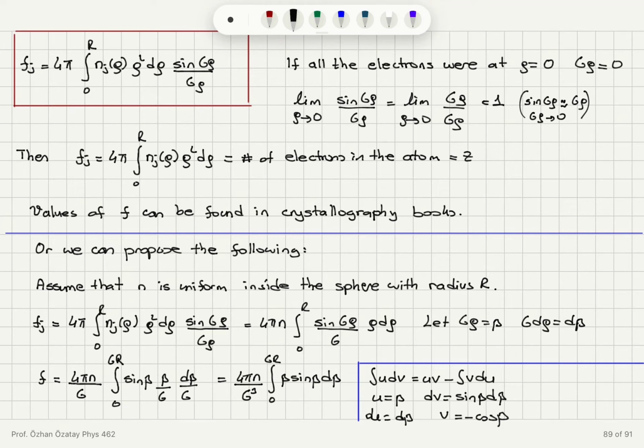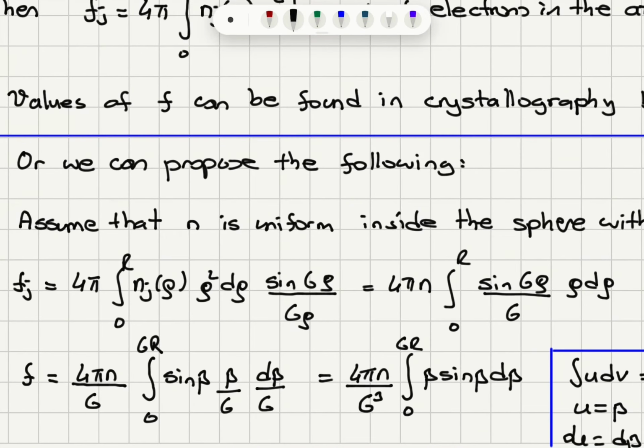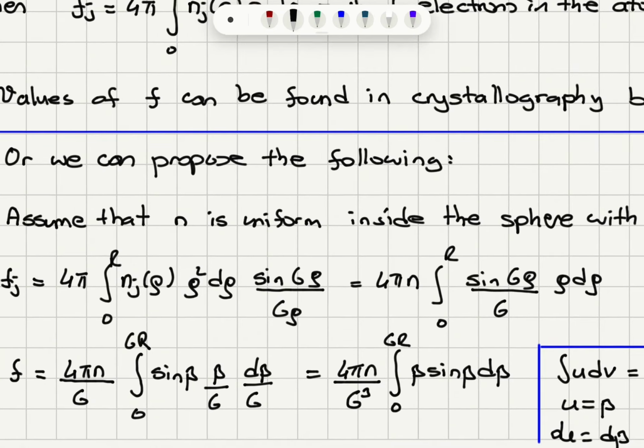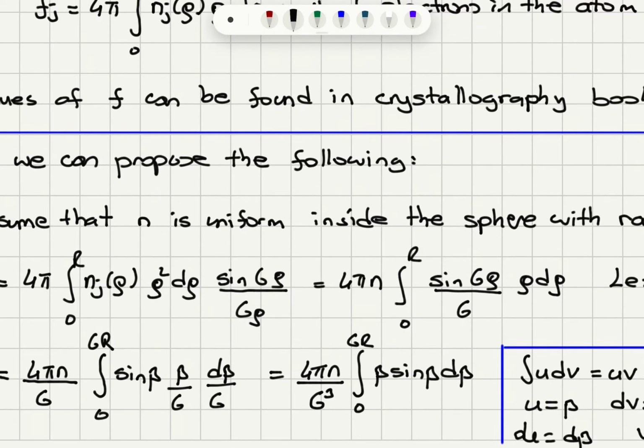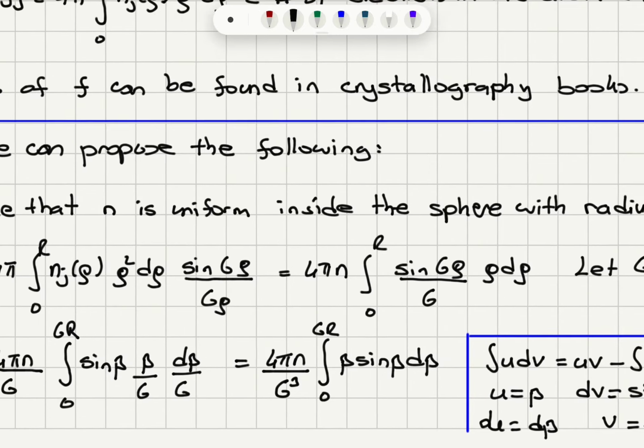Or we can propose the following. We could talk about a uniform electron distribution inside the sphere with radius r. So let's consider a uniform electron distribution. Going back to my atomic form factor written this way, assuming a spherical distribution of electrons, basically instead of n_j of rho, I can just substitute n here.